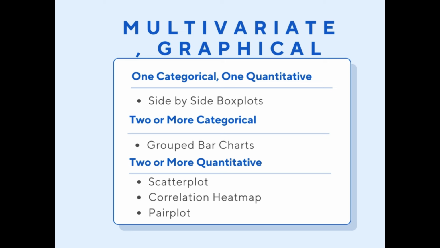And for two or more quantitative variables, we have the scatterplot, which answers the question, is there a relationship or trend between the two variables? We likewise can use the correlation heatmap, which answers the question, which variables are strongly related? And finally, we can use the pairplot to answer the question, what are the pairwise relationships between all the variables?